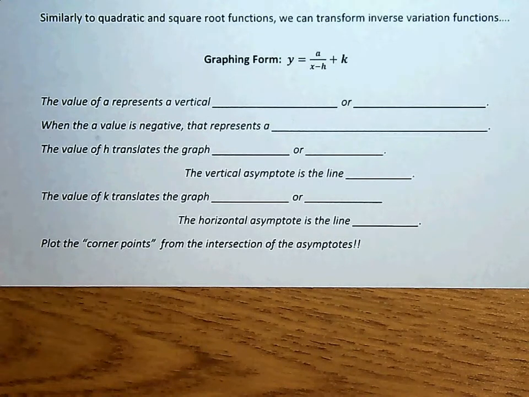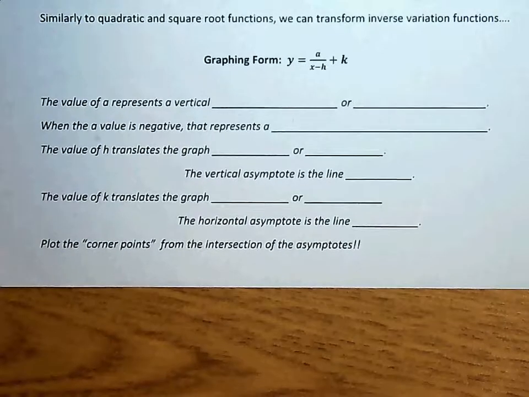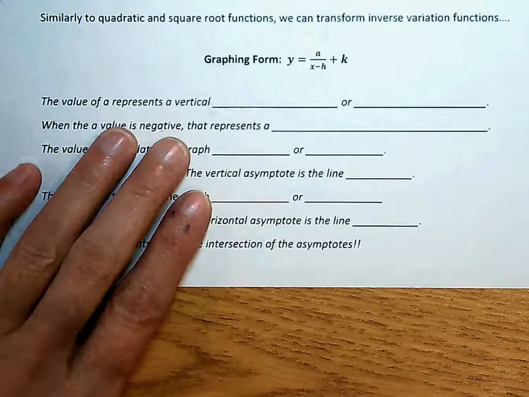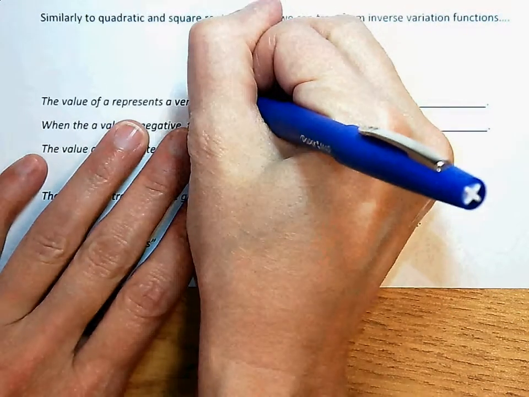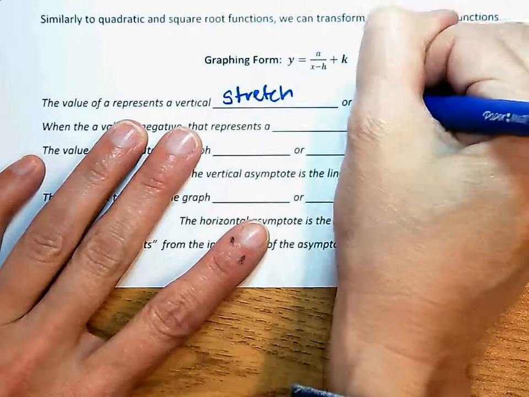So now we go back to using the a being that vertical stretch or compression. So let's fill in some notes here. We just said that the value of a represents a vertical stretch or compression.